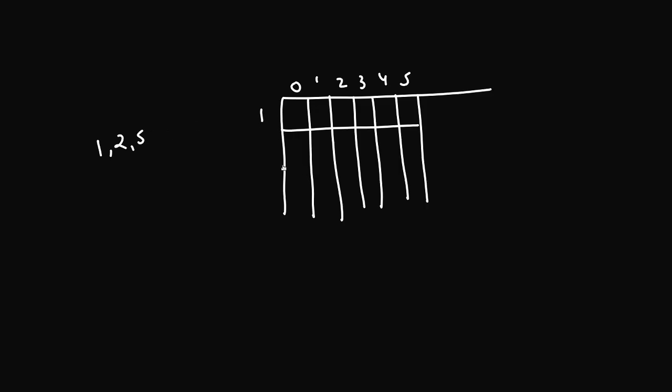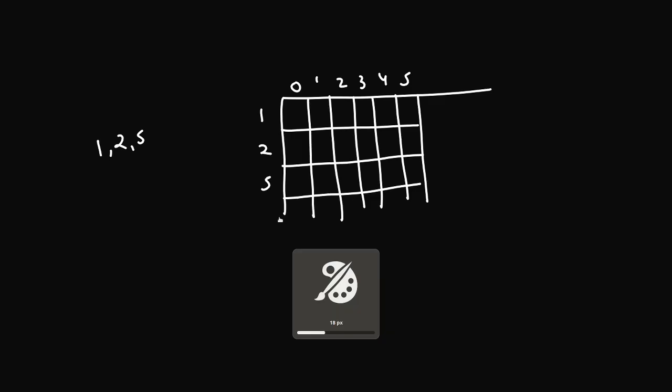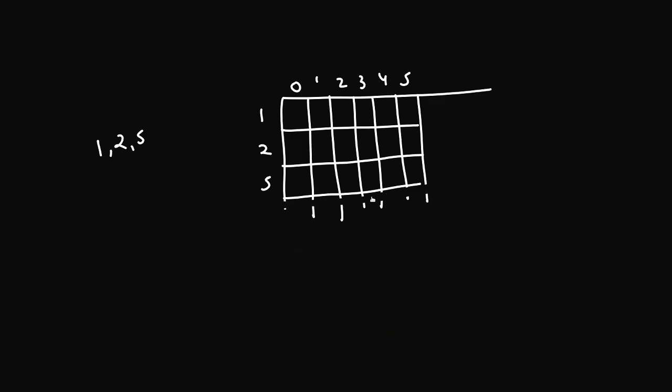So a coin of denomination 1, a coin of denomination 2, and a coin of denomination 5. Okay, so we'll be using this table in order to calculate our final answer, and we'll see how we can actually fill this table and how to take that logic of whether I consider a particular coin or not, and obtain the answer.